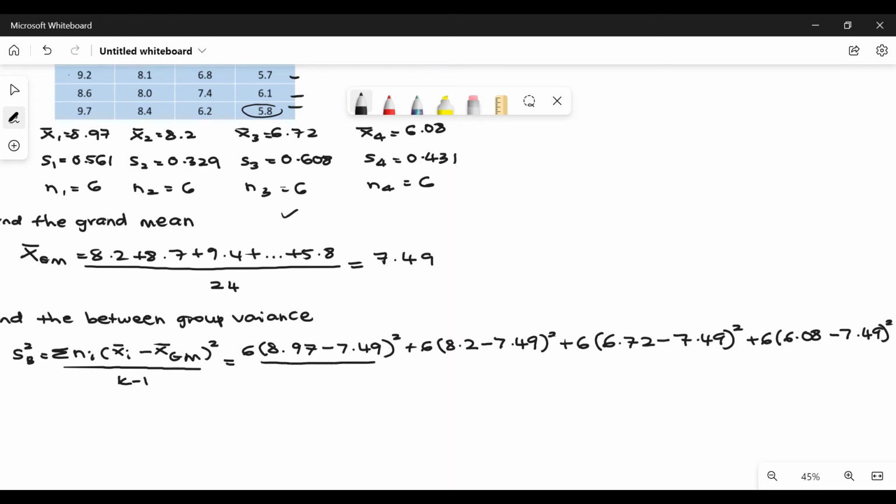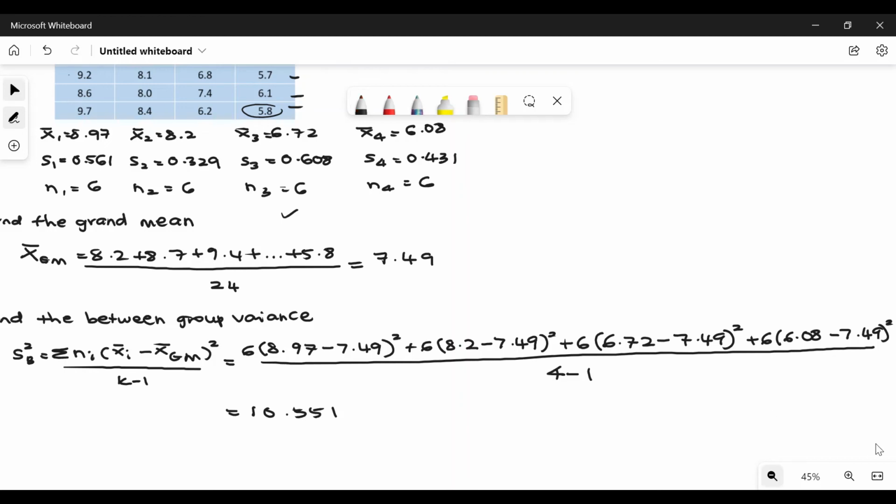So we divide all this by k minus 1. So we have k is 4 minus 1. And you get the answer, which is 10.551. Okay, so that is the value of S square B.